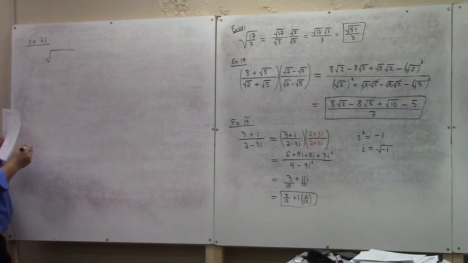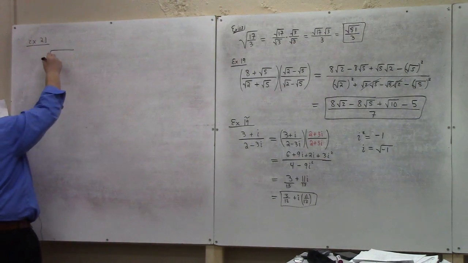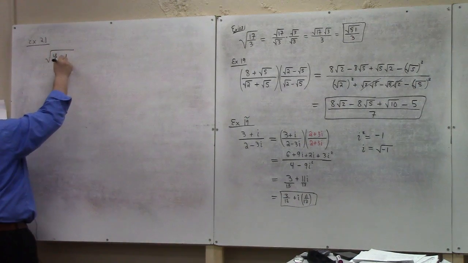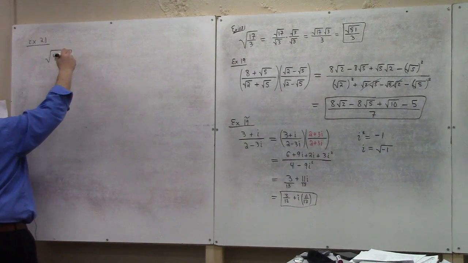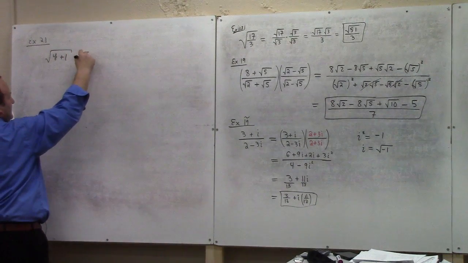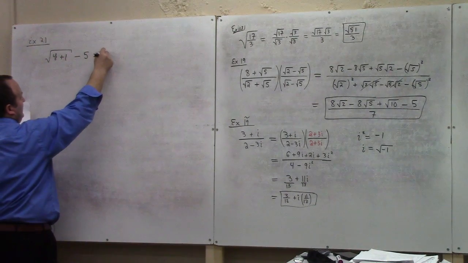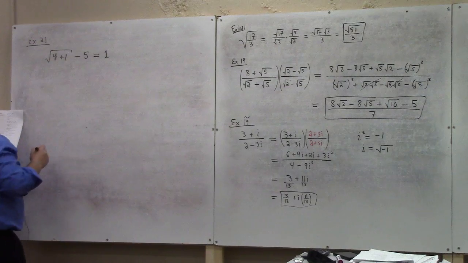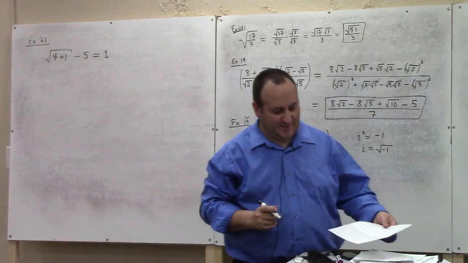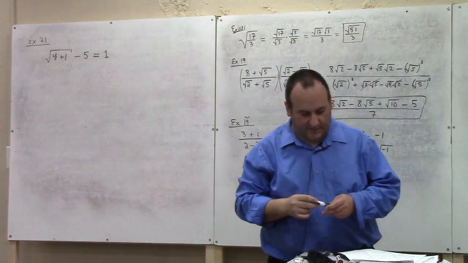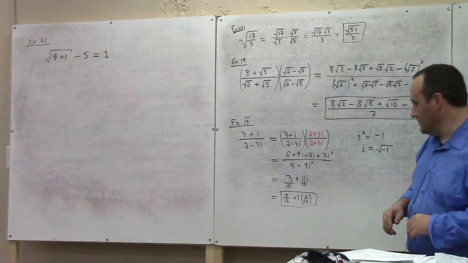Square root of y plus 1 minus 5 equals 1. So actually, exercise 21 is almost the same as exercise 20, truth be told. It's a slightly more cluttered version of 20. It's almost the same problem, really.